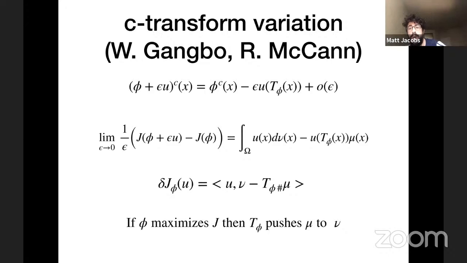And therefore, we know how to take gradient ascent steps. And actually, this also points out why solving this dual problem gives you an optimal map that pushes one measure to another. The only way that this first variation can vanish is if T phi is pushing mu to nu.